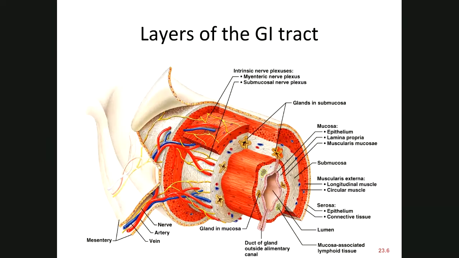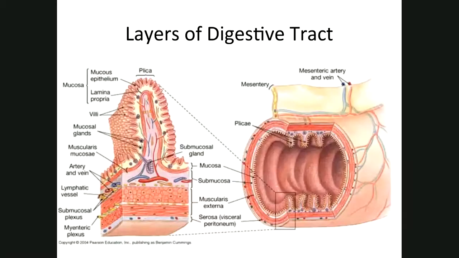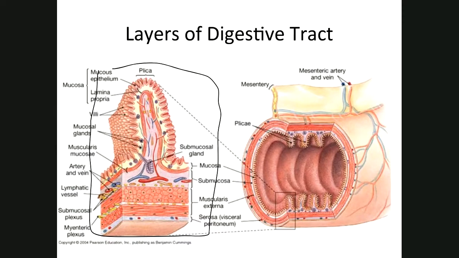Does it make sense? So 4 layers. Well, this is just a chunk out of the small intestine. That's where this came from. We can see those layers.